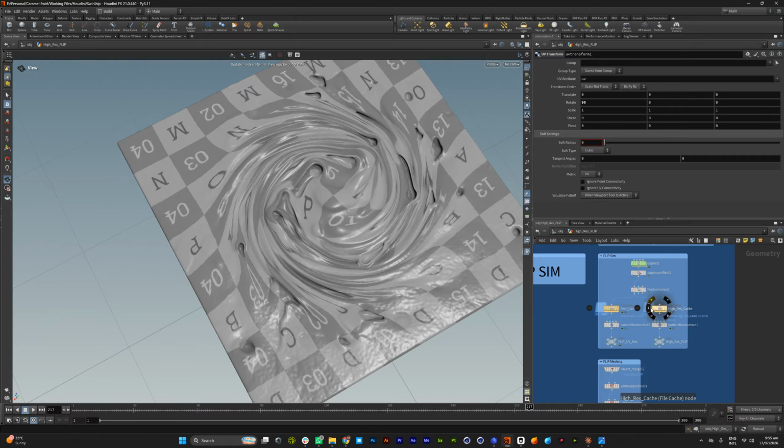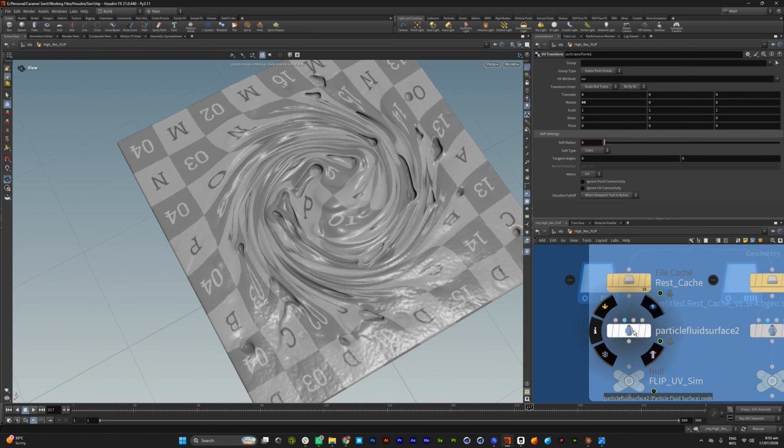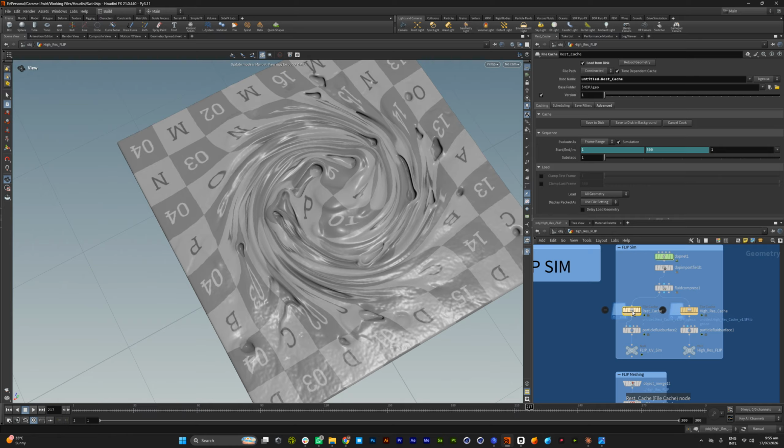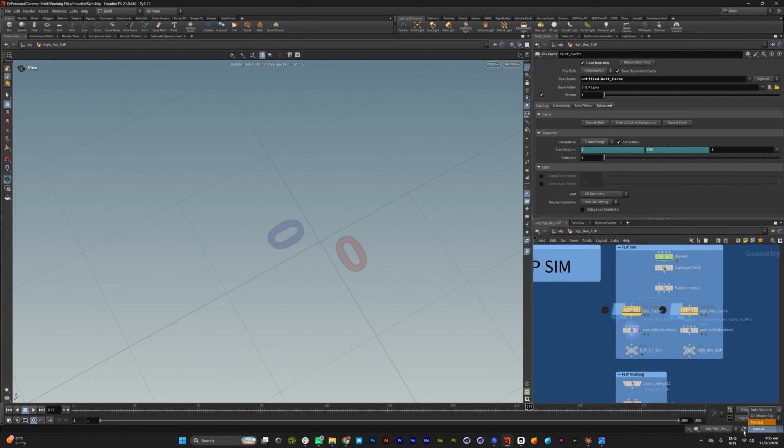What I ended up doing instead was using this same simulation as a low res simulation. So I ran this simulation at a high res with a lower particle count. I exported that out. Then I raised the particle count again, I think 5 times or 4 times, and I exported it as a rest cache. And this simulation had the rest attribute stored on there.